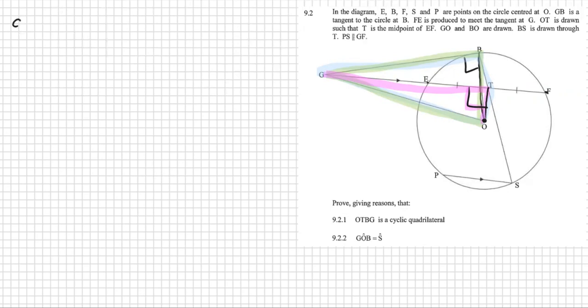Number 9.2.1. Okay, what did we say? We said that GBO is equal to 90 degrees. And that's because the tangent, GBO here is 90 degrees. Tangent is perpendicular to radius.